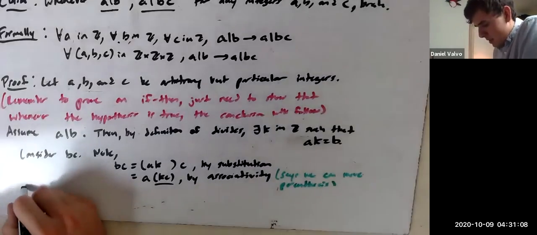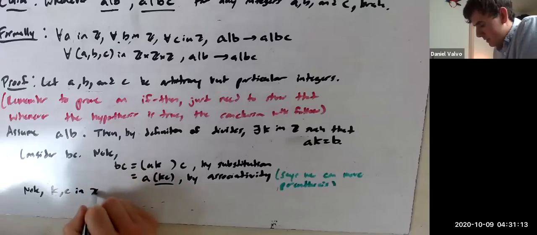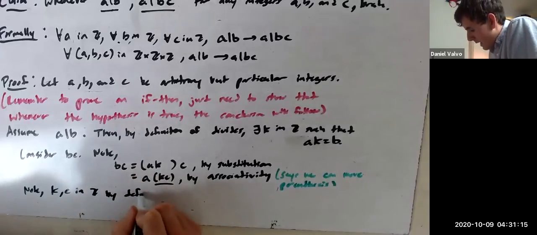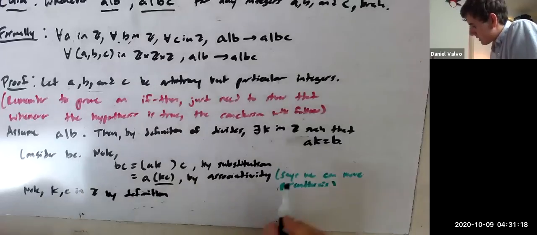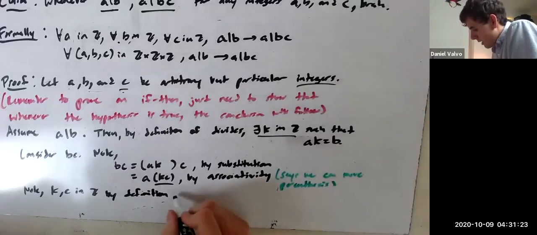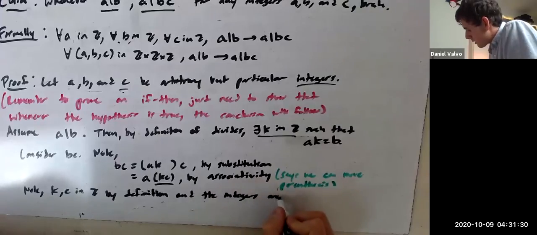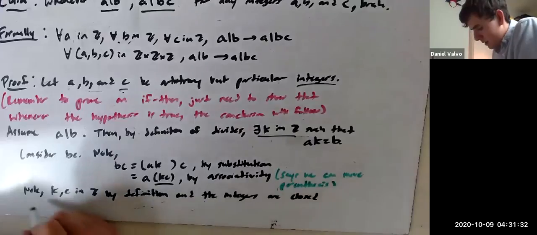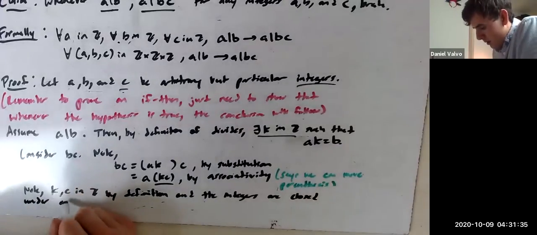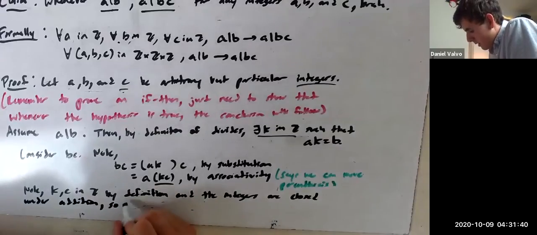So note K and C are in Z by their respective definitions, and the integers are closed under multiplication, so K times C is in Z.